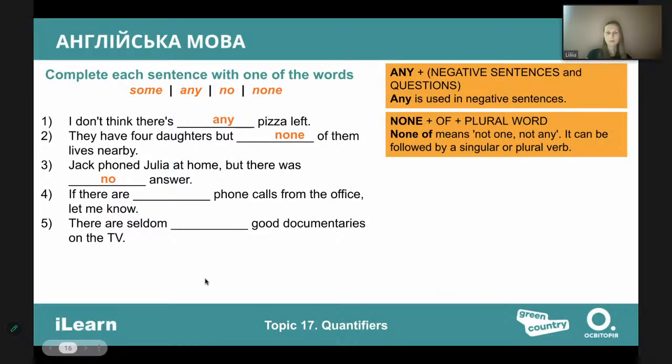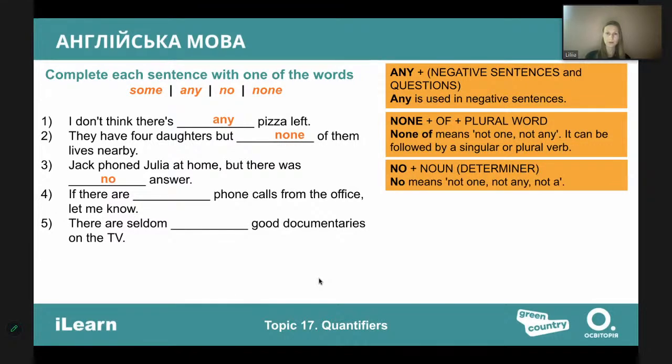If there are any phone calls from the office, let me know. So, any. You don't know if they were there, so you say, if there are any. Just remember, being not sure, if you have any questions, ask me. It's an offer, yeah? Or request, if there are any phone calls, yeah, let me know.